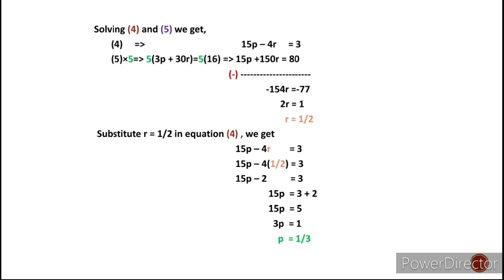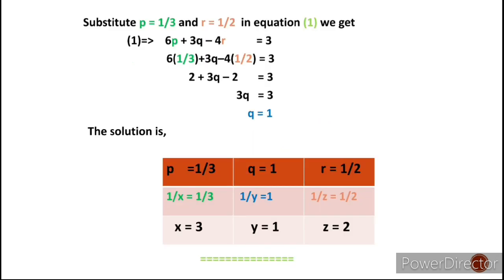Now we pass on to the next step. Substitute the p value and r value in equation 1. Substitute p is equal to 1 by 3 and r is equal to 1 by 2 in equation 1, we get: I write the equation once again, 6p plus 3q minus 4r is equal to 3. Substitute the known values.